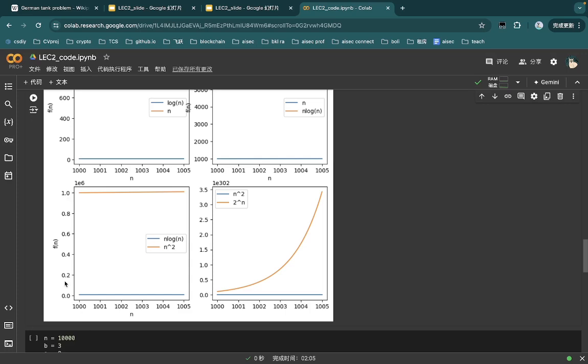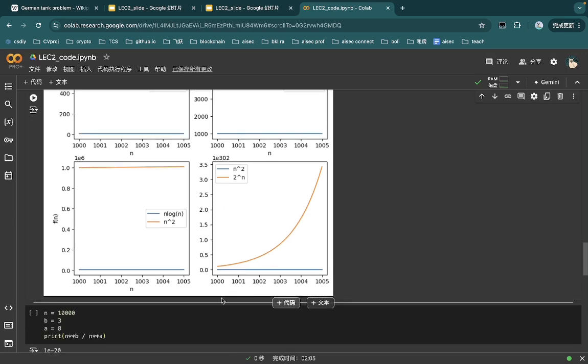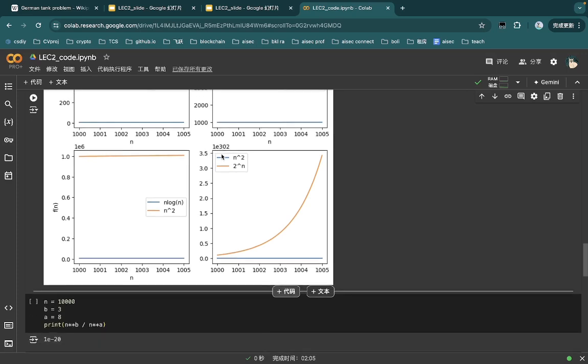Okay, this is 0.2 multiplied by 10 to the 6. And similarly, here are the exponential and the polynomial. They have a very large gap because the y-axis is multiplied by 10 to the 32. So here is a large gap, right? Here is a far larger gap. Yeah, it may look like they are very near, but remember that we are multiplying by 10 to the 302 here.